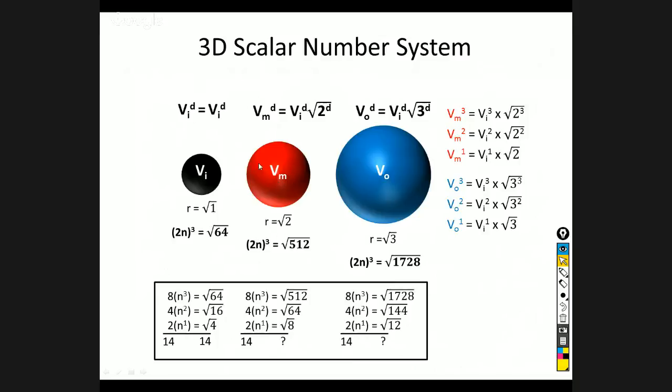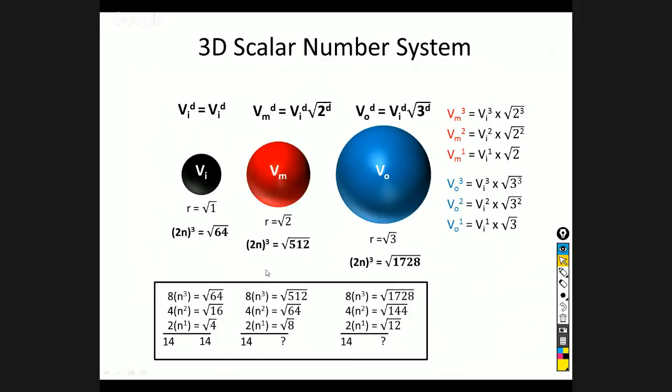But when we move to the two-dimensional, that just fits around the two-dimensional slice of that cube, with a radius of square root of 2, so it's a little bigger, and n is equal to the square root of 2 cubed, and so that gives us 512 and 1728, as we saw in the other.